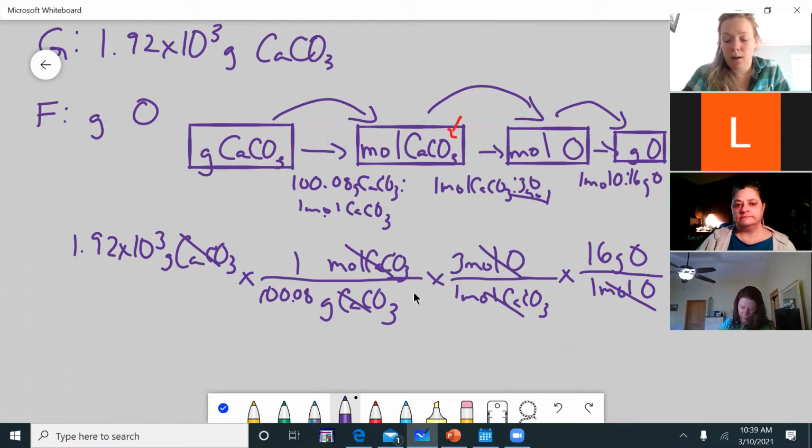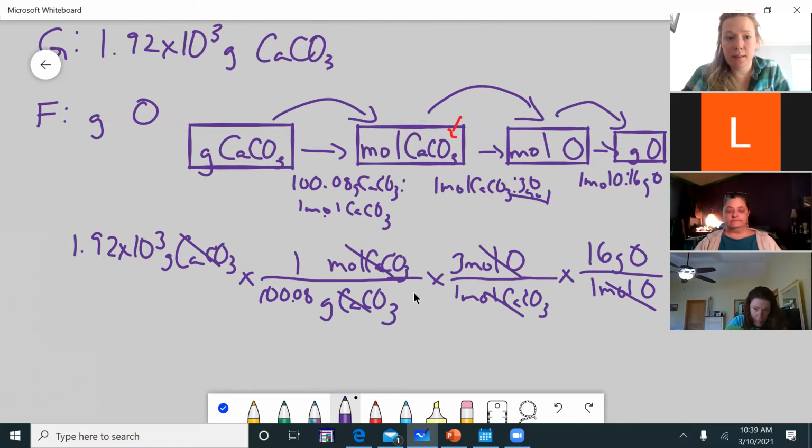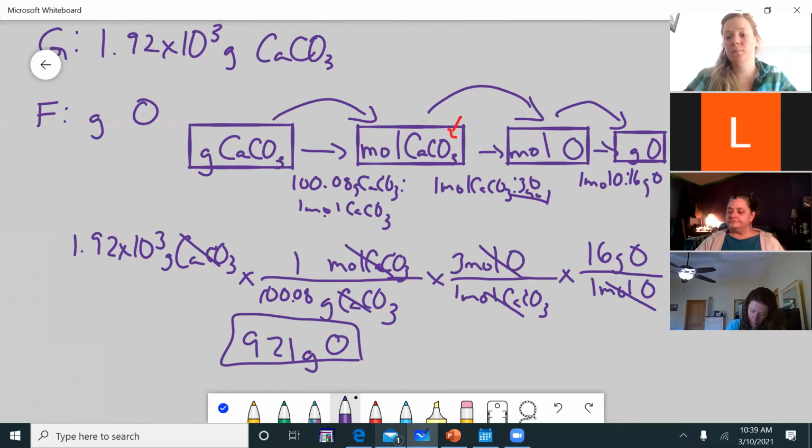So we're going to take our first value and multiply it by 3, and then also multiply it by 16, and then divide by anything that's on the bottom. And in this case, it's that 100.08. And I get 921 grams of oxygen for my answer.